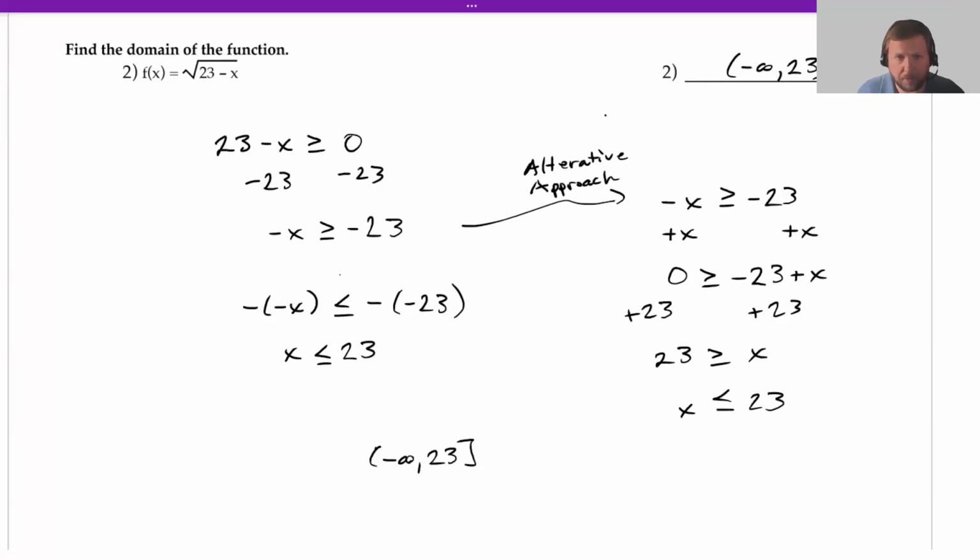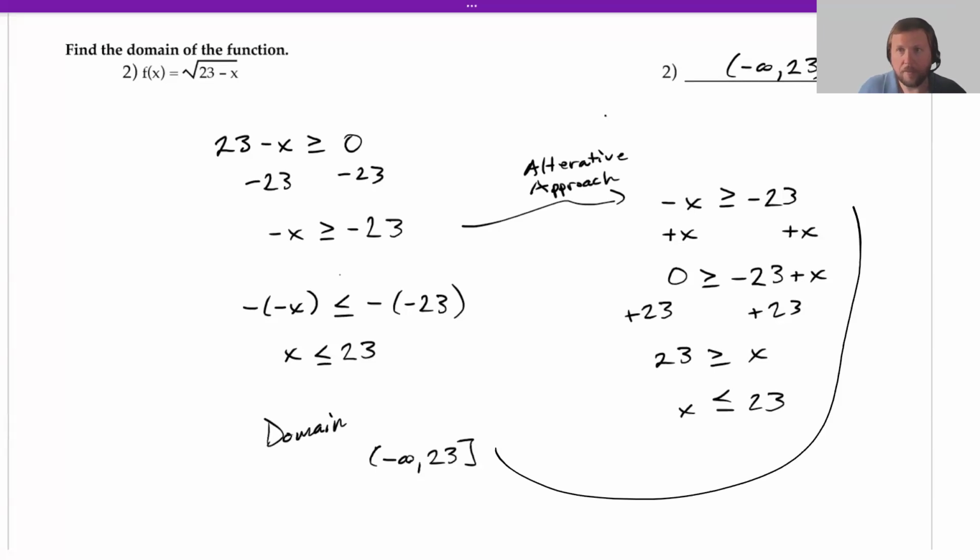Okay, so then there's our domain again. And then make sure you put it up there, so I know which one you want. Alternatively, if you put a box around it, that's fine.